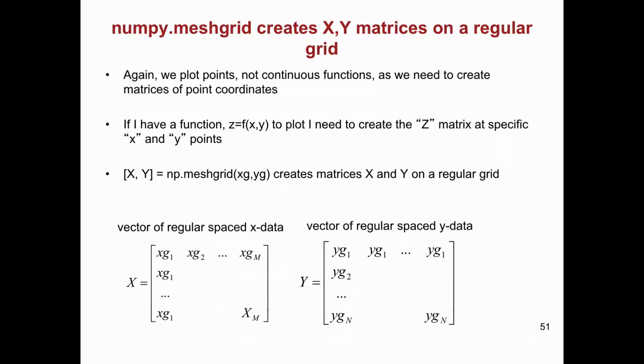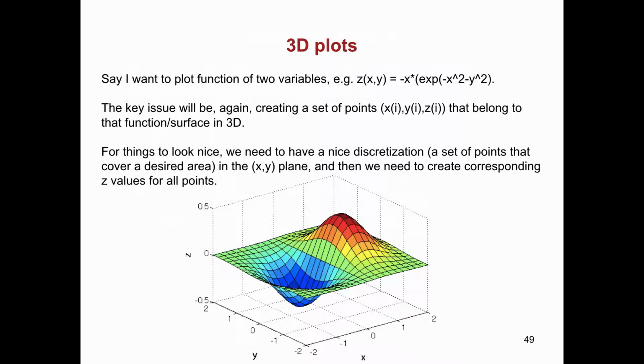In this previous case, the vector would be minus 2, minus 1, 0, 1, and 2 for both x and y. Okay? And then this meshgrid will give me two matrices that basically repeat these in columns and rows and give me points to work with.